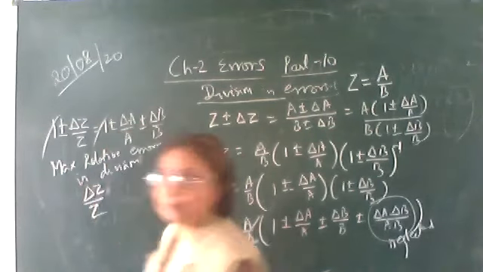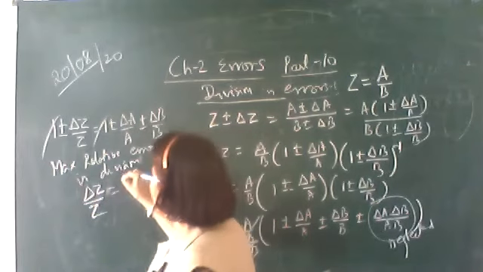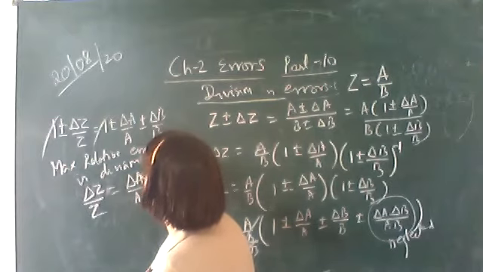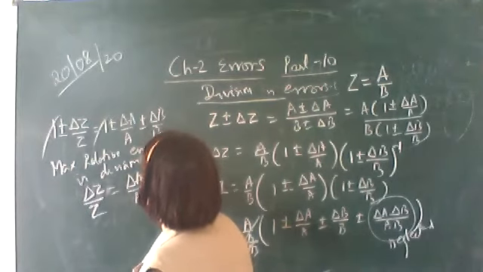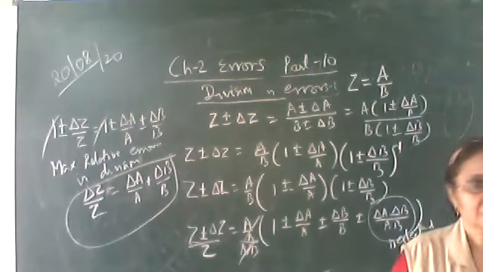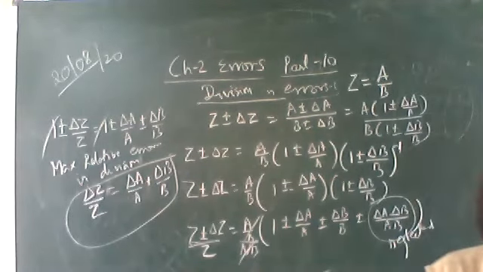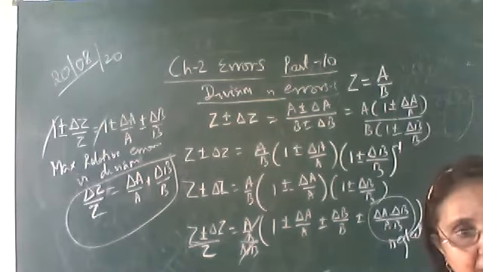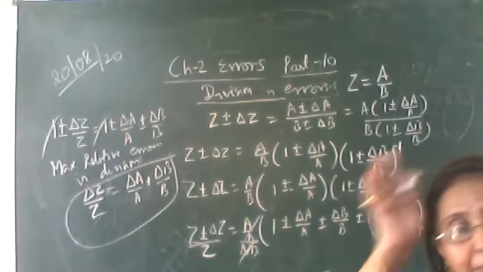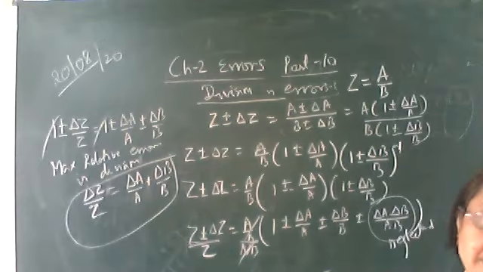Plus delta z upon z is equal to plus delta a upon a plus delta b upon b. So we get the same result for multiplication and division. So in multiplication and division, we find the maximum relative error in the product or in the quotient, which is equal to the sum of the relative errors in individual measurements.